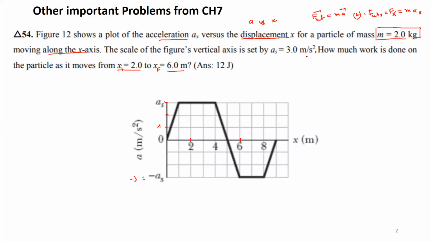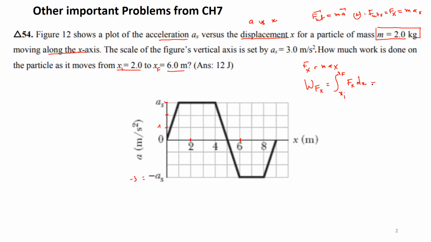And what is the work? Of course, the acceleration is variable. That means the force is variable. We know that Fx is just MAX. Of course, AX is variable. That means the force is variable. What is the work of a variable force? Work of a variable force is an integral between x initial and x final of Fx dx.